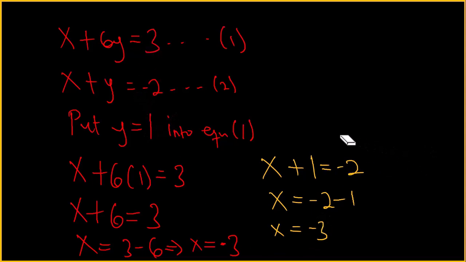So now we conclude. Therefore, our value x is equal to negative 3 and y is also equal to 1. So these are our unknown variables for x and y. x equals negative 3, y is equal to 1.